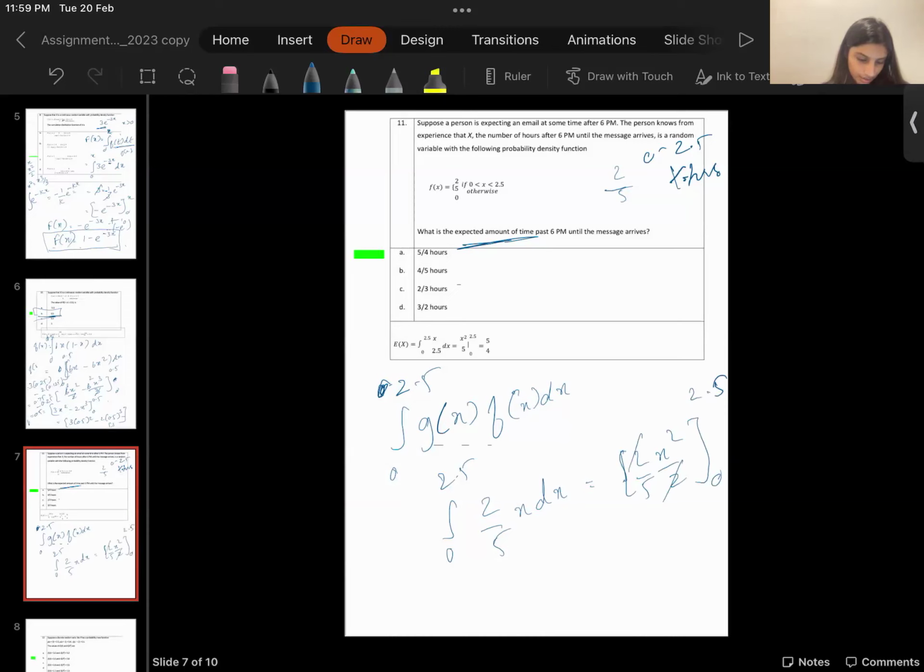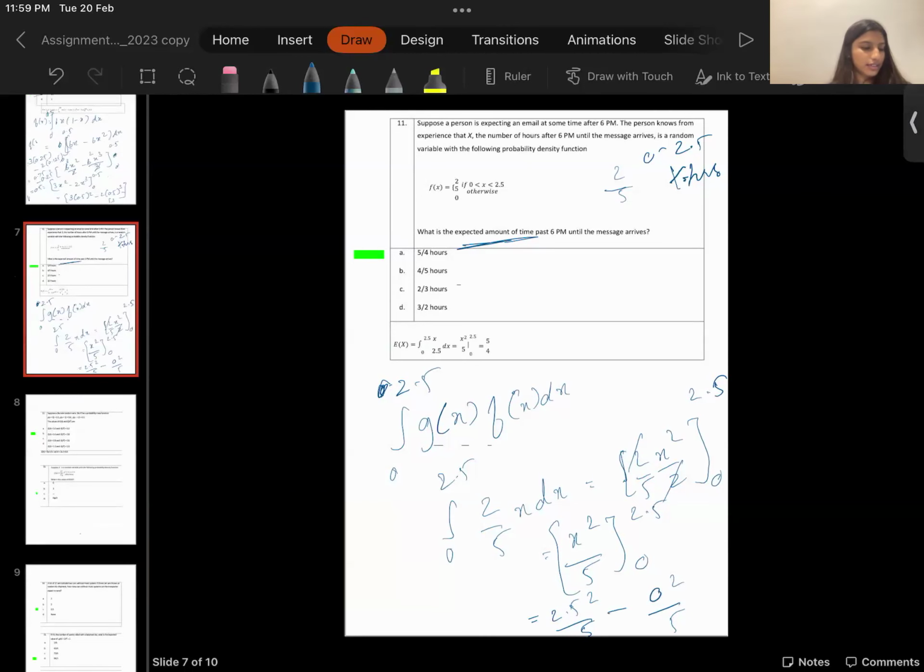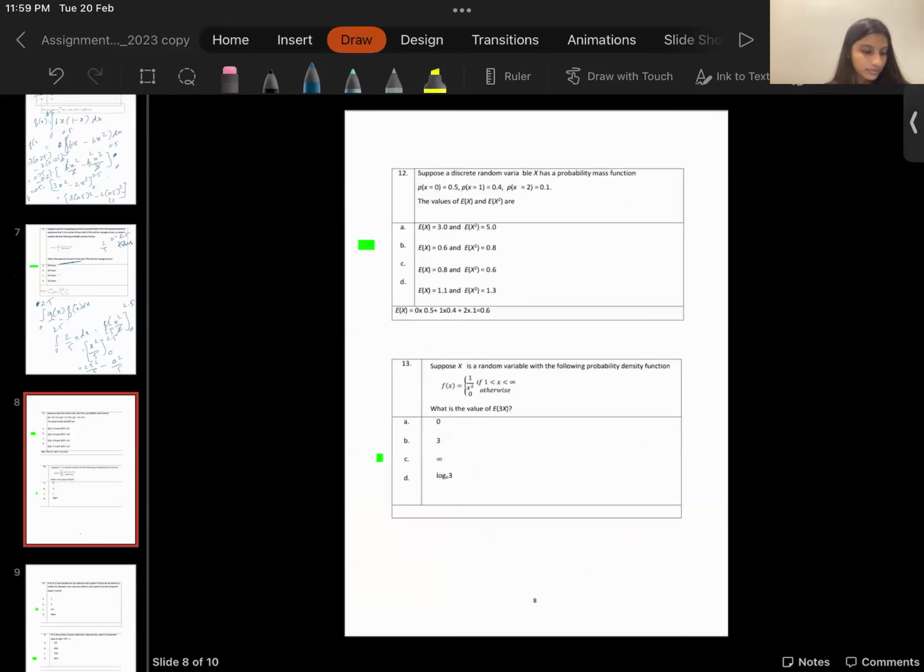These get cancelled out, so you have x square by 5, from 0 to 2.5. Now you just substitute these values: 2.5 square divided by 5 minus 0 square divided by 5. Solving these, you would get the answer to this question. So you have calculated the expectation of x.